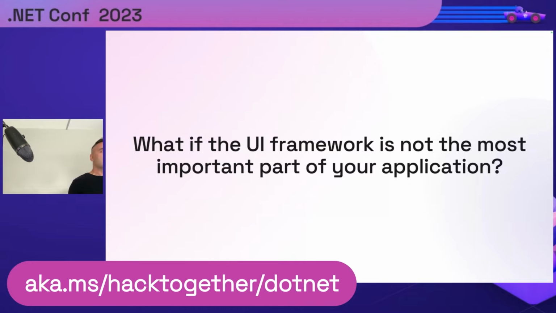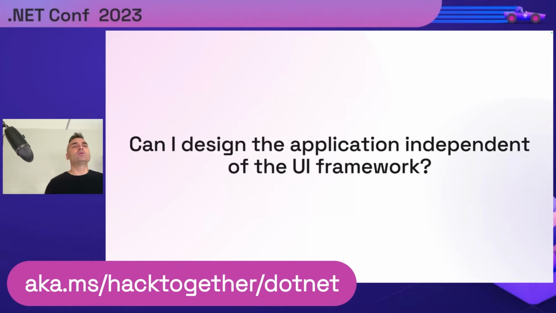And the other question that you should ask yourself: what if the UI framework is not the most important part of your application? Can I design the application to be as independent as possible from the UI framework? The answer is yes, because all these frameworks use the .NET runtime. So now we have this one .NET stack, and all the UI frameworks use that stack. Whatever code we are writing in pure .NET is shareable across all the .NET stack.